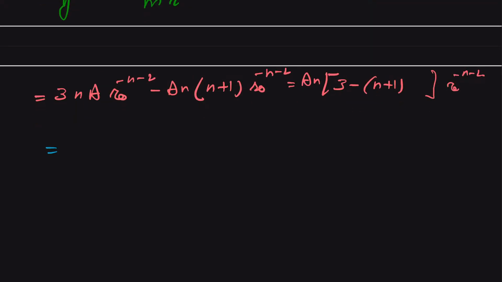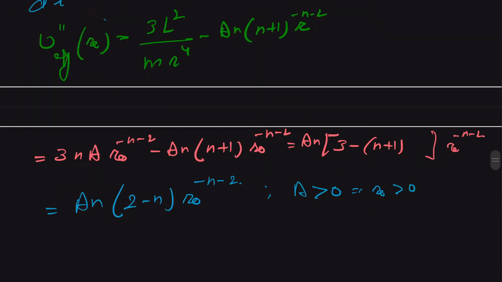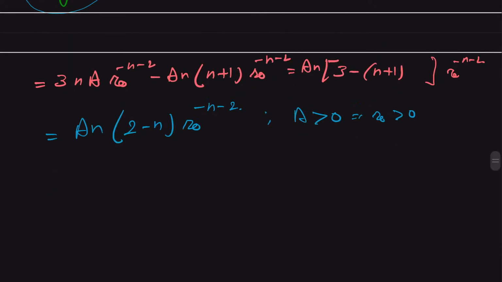So it will be equal to a n (2 minus n) r naught raised to power minus n minus 2. And a is greater than 0, and r naught is also greater than 0. Therefore, the sign of this double derivative will depend only on this term.